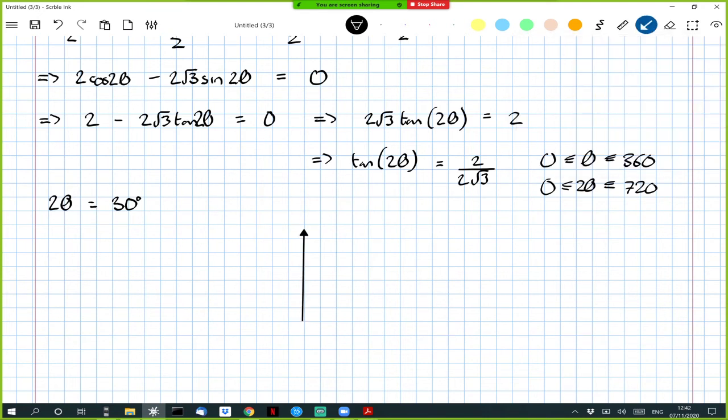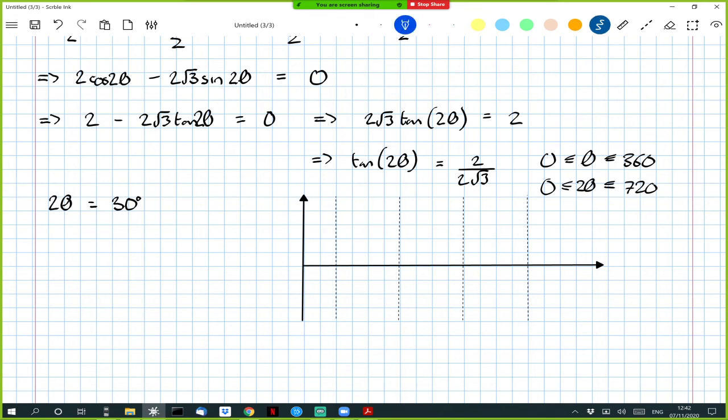And drawing the tan graph, or you can just remember that it has a period of 180, but we need to do it for all the way from 0, not to 360 anymore, but up to 720, because the limits have been doubled. So the tan graph, like that.